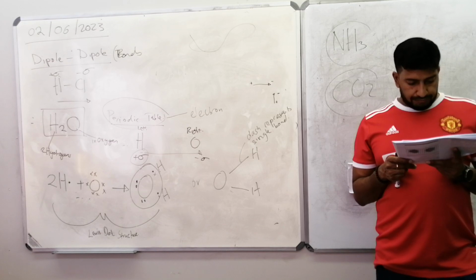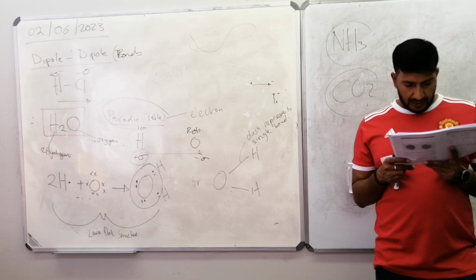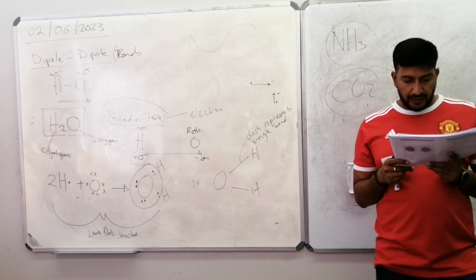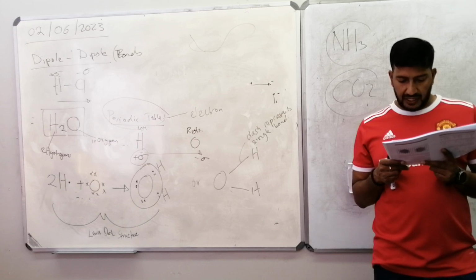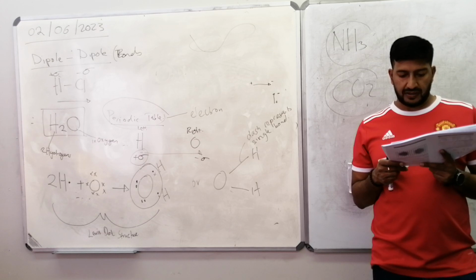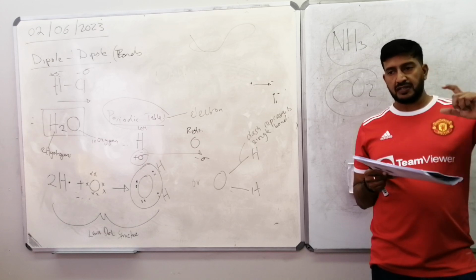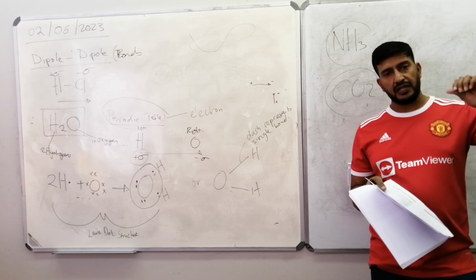Okay, so we'll be going down there, we're saying that however, diamond and silicon dioxide, in which directional covalent bonds extend throughout the whole structures. You know, diamond, guys, is one of the hardest substances on the earth, right?